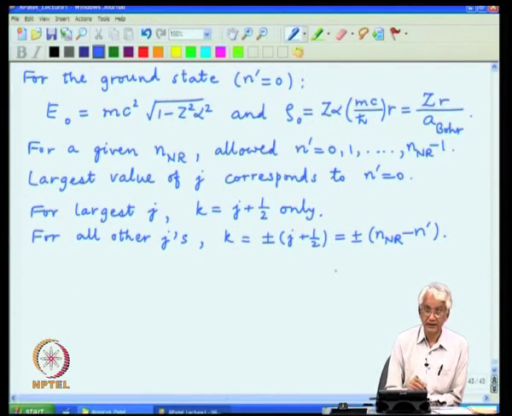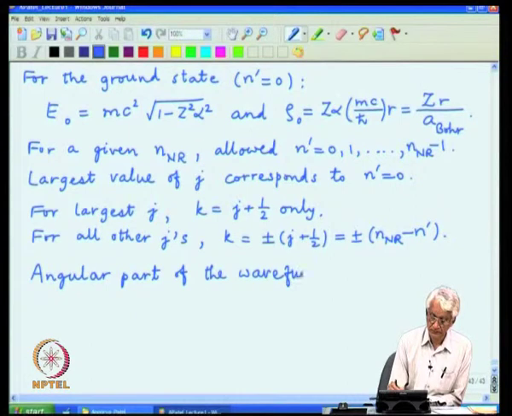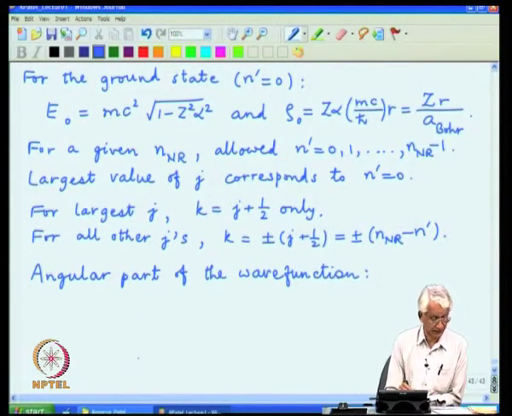Now, we are ready to look at the angular part of the wave functions, which we had separated out.